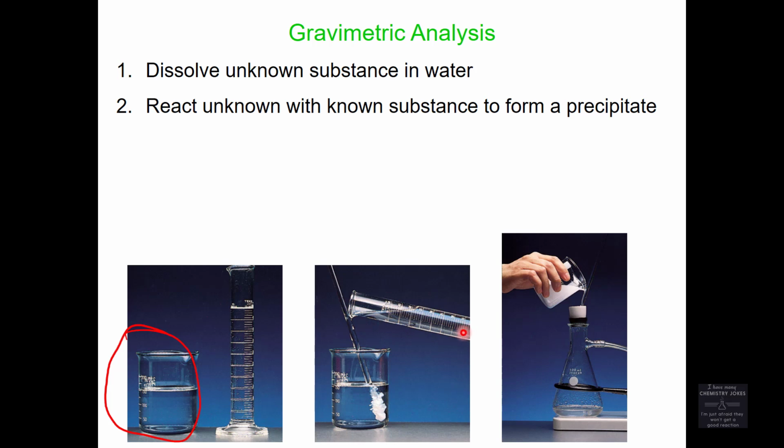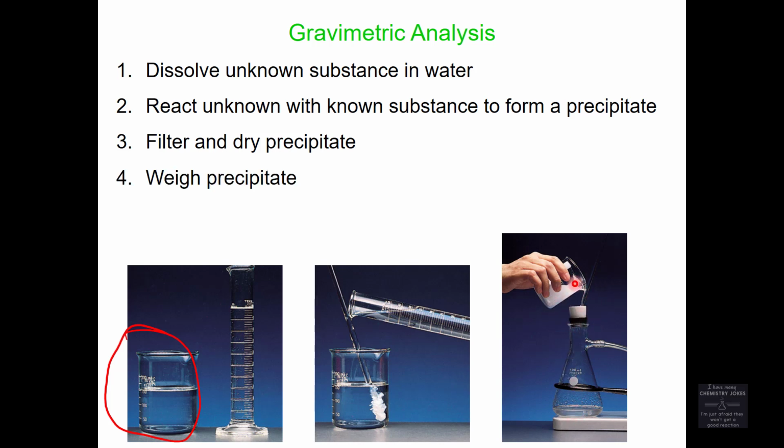So what's happening is whatever you're adding here is hooking up with something that was already dissolved in order to precipitate. Then you filter out and dry your precipitate. This is a vacuum filtration setup, and you get the solid up top and all the liquid filters through to the bottom.